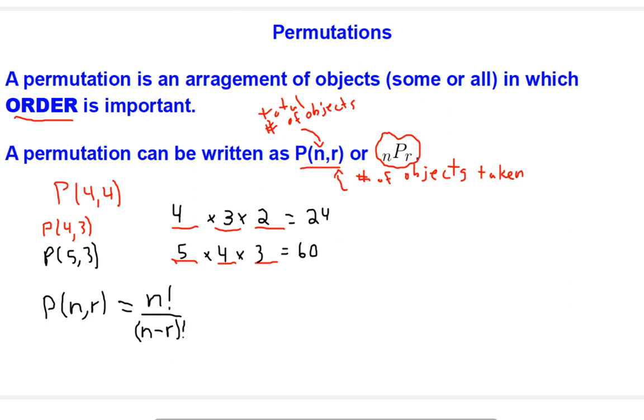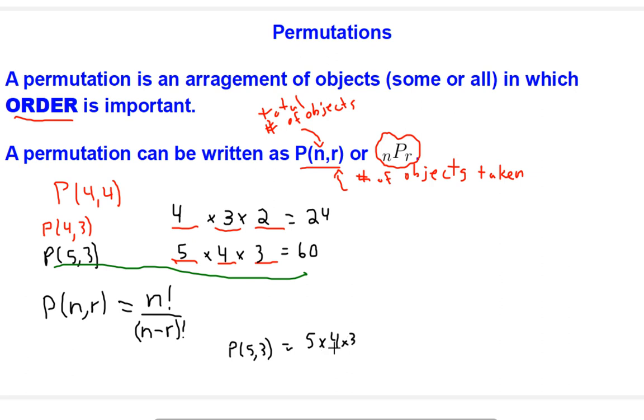So let's look at this example right here. We'll use this as our example to work with. If we're trying to find the number of ways that we can arrange 3 objects taken from 5, we already said that was 5 times 4 times 3.